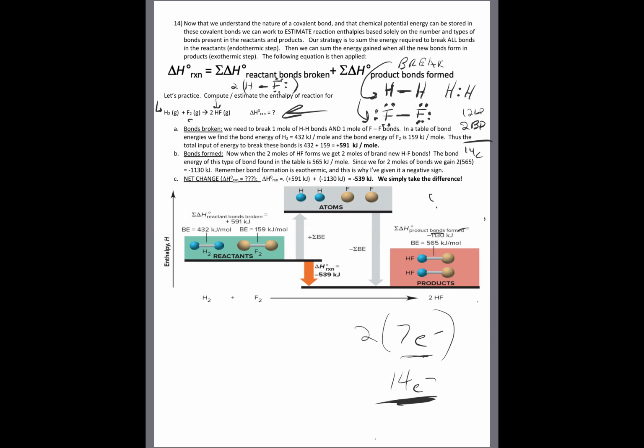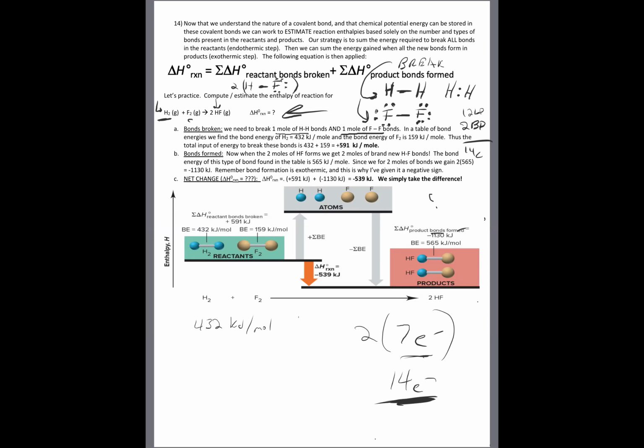So now we define what we're doing. All right, so let's see what we need to do. So we need to break 1 mole of HH bonds and 1 mole of our FF bonds to pull this off. Now, if we go to that table of bond dissociation energies, we find that the bond energy of H2 is 432 kilojoules per mole.